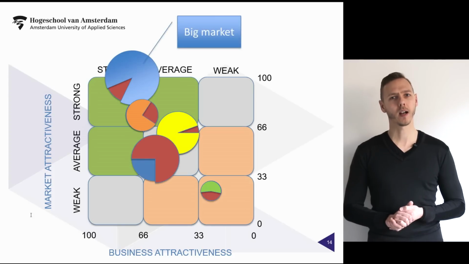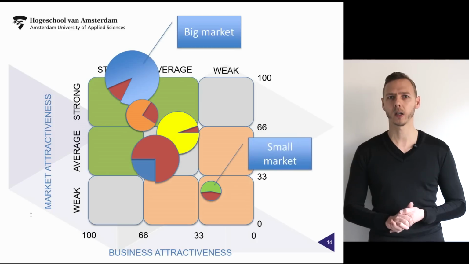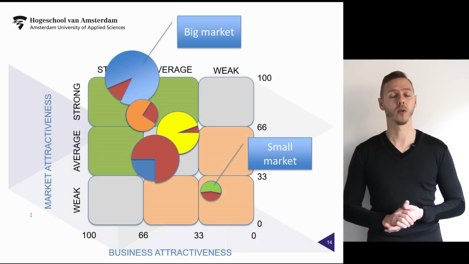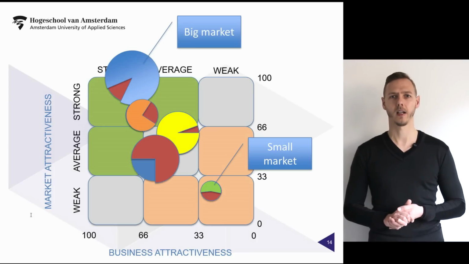Now, the size of the circle shows the size of the market. So if it's a really big market where you are in, then the circle will be bigger than the other markets where you also have your business. Still, you have a market share. It doesn't matter what the size of the market is, your share is always a piece of the pie, so you can draw that in as well. Now, this is interesting to see as well, obviously.